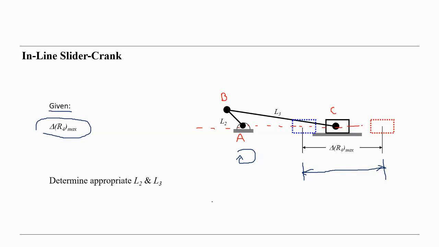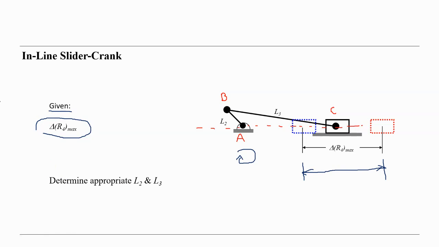We know that the slider crank mechanism converts rotational motion into linear motion. Therefore, we select the slider crank mechanism.